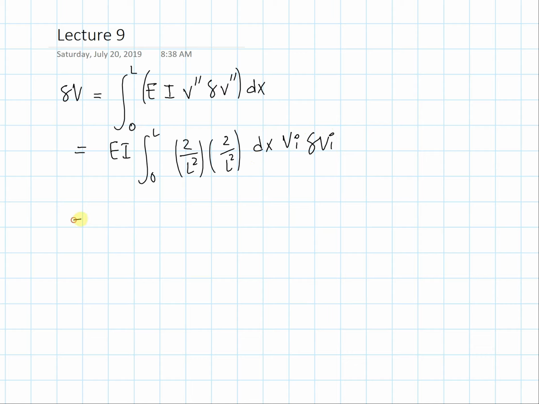And then we just wrap up this integral, and we end up with 4 EI over L cubed, we got VI, and we got delta VI. Now at this position, we should be done with this problem, and we would typically write out our equation of motion and be finished with it.